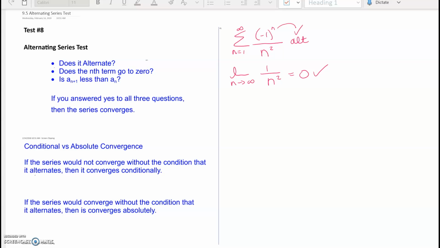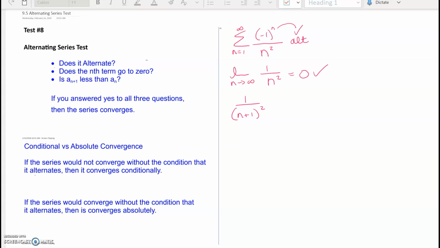And then all we're looking at is seeing whether the a sub n plus 1 term is less than the a sub n term. In other words, does this decrease? Basically they don't make us take a derivative of all of these to confirm that. We just take a look at 1 over n plus 1 squared.